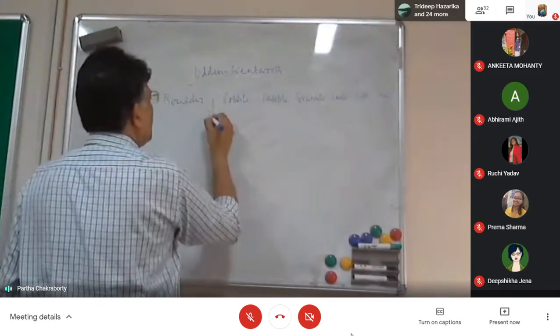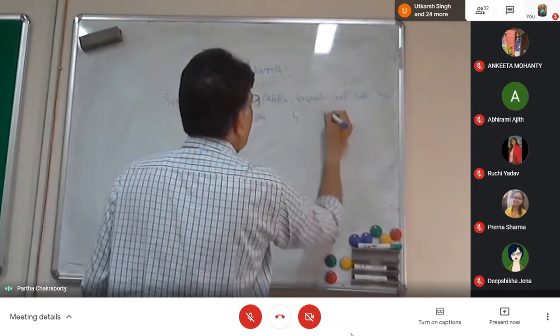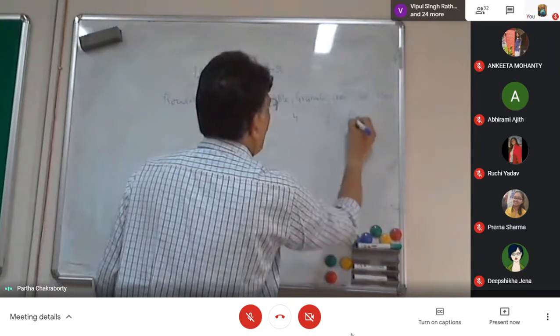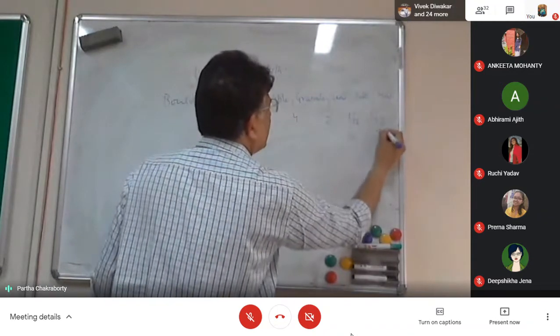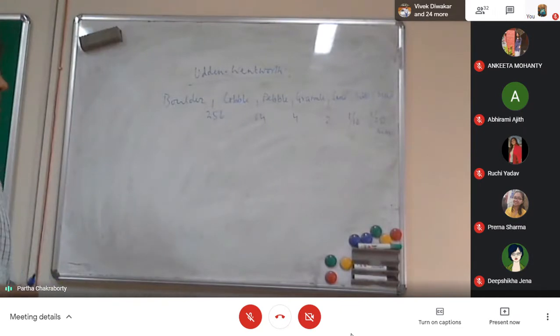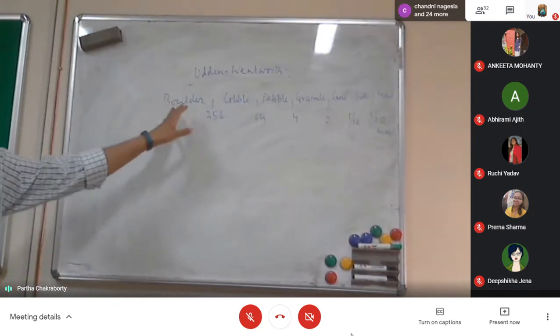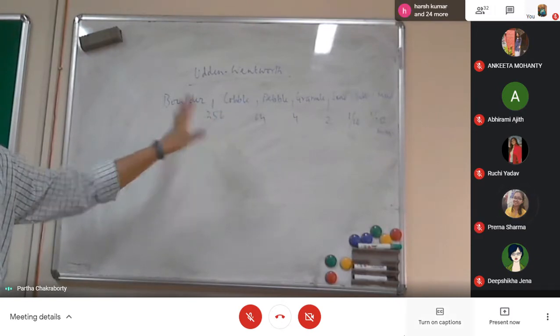So what they said: 256, 64, 4, 2, 1/16, 1/2, all this is in millimeters. Is it visible? Whatever I am writing, is it visible? Yes, sir. Okay.